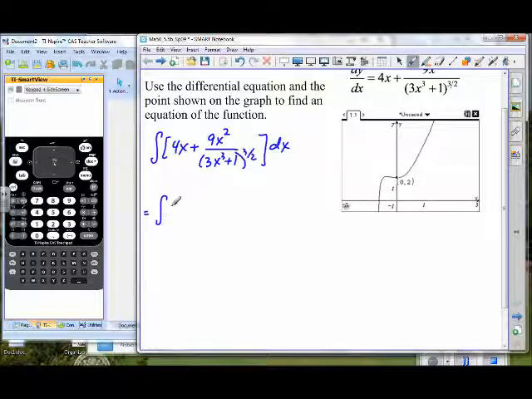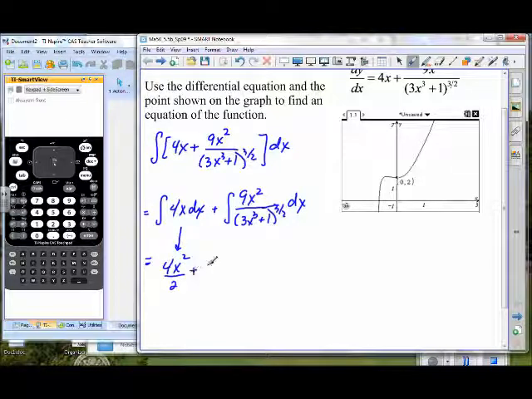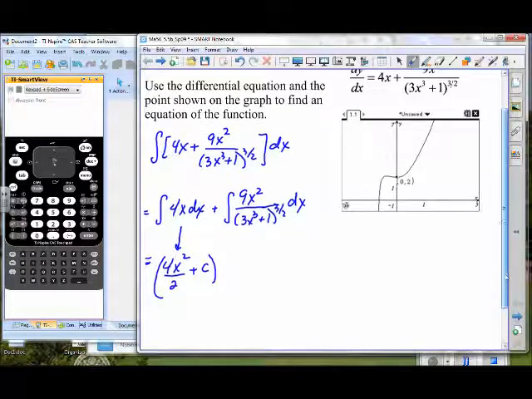We have the indefinite integral of 4x dx plus the indefinite integral of 9x squared divided by 3x cubed plus 1, all that to the 3/2 power dx. The first integration is pretty straightforward. That will just be 4x to the second power divided by 2. Don't forget, with indefinites, we have to use the constant here.